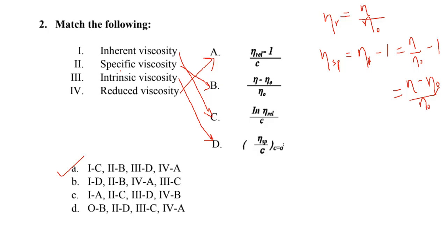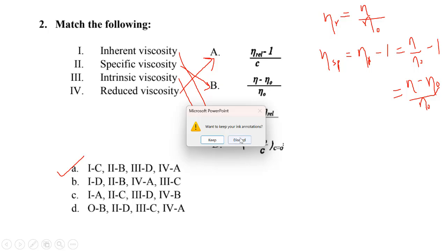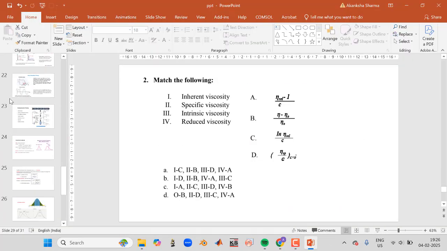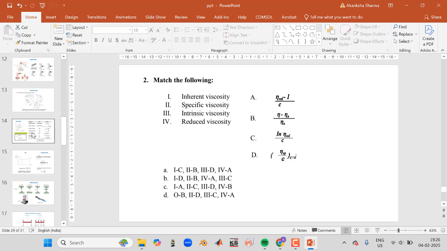Inherent viscosity is also related to the solvent. In the case of a polymer, we take it not with respect to water, but with respect to solution and solvent. If I want to check the relative viscosity, it is the ratio of solution to solvent. I'm just getting confused between these two, so I can go back to the slides where I talked about viscosity.